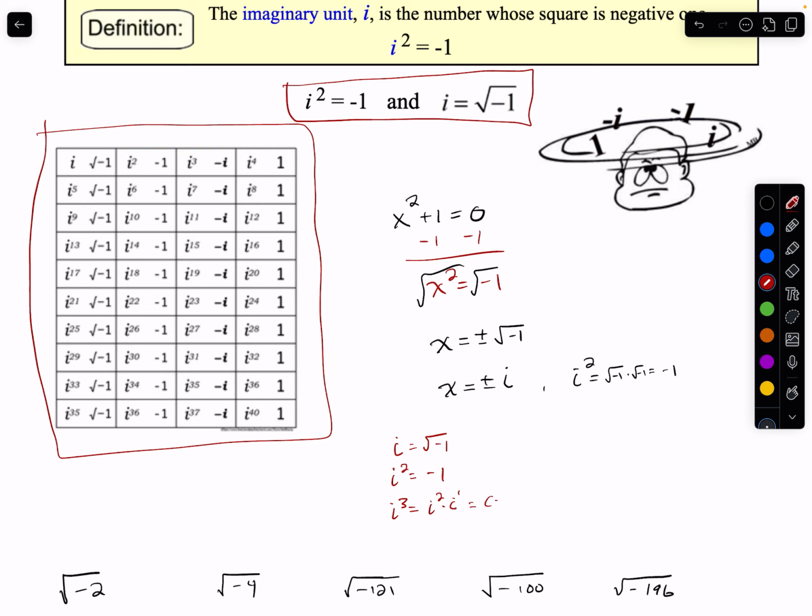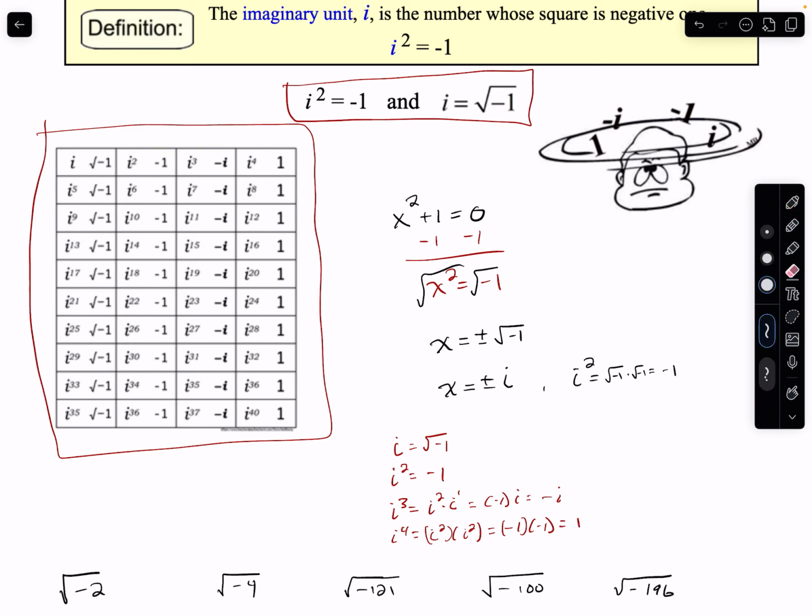So that's negative 1 times i, which is really negative i. And then if I try i to the fourth power, that's i squared times i squared, and I get negative 1 times negative 1, which is 1.